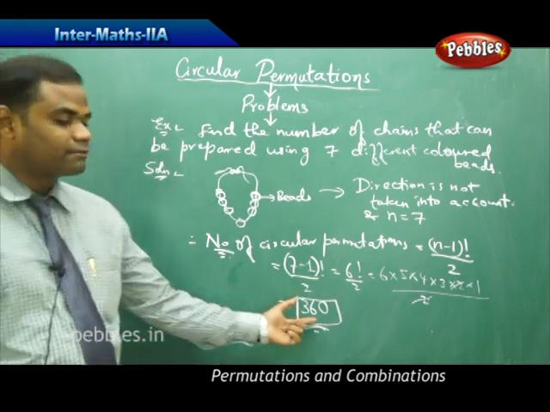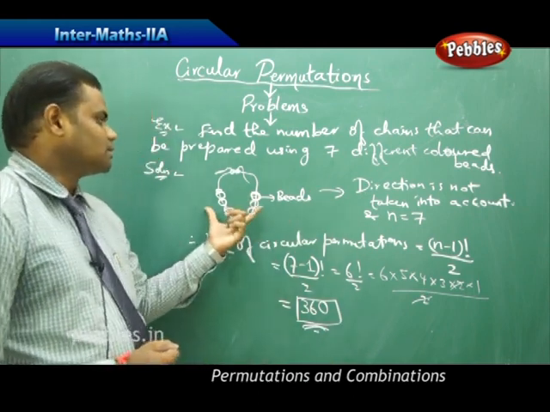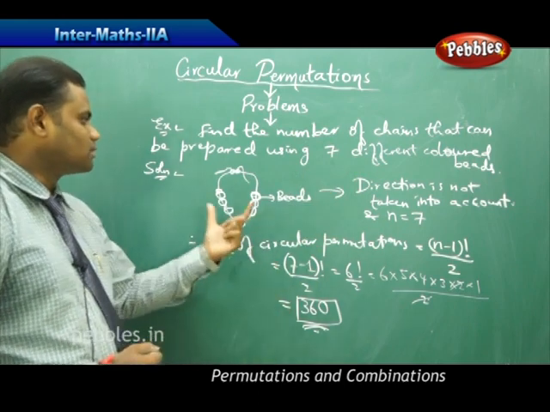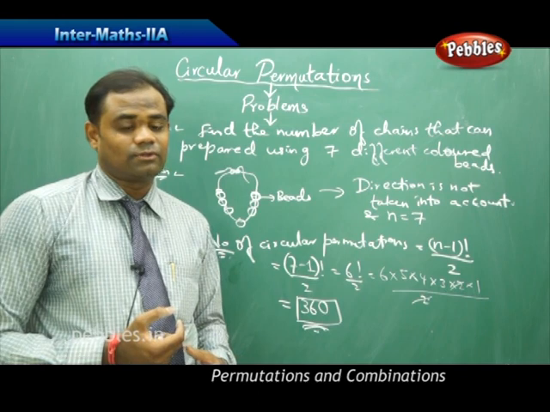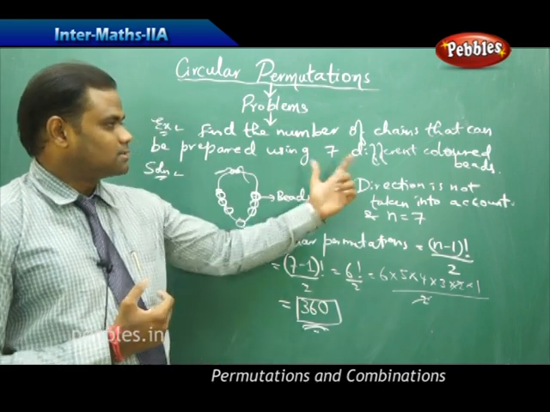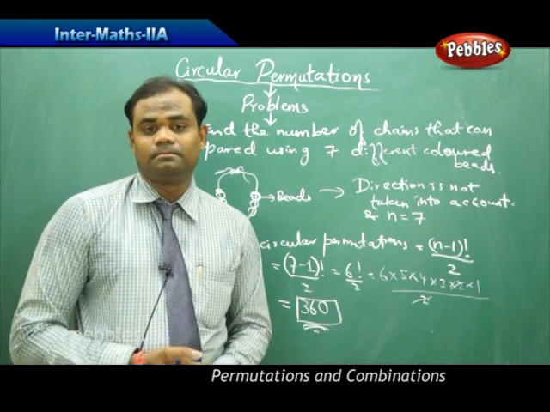There are 360 different ways through which you can arrange the 7 different colored beads, and the number of chains that can be formed is nothing but the number of ways you can arrange them. So there are totally 360 different types of chains you can make with 7 different colored beads, is how we understand the problem.